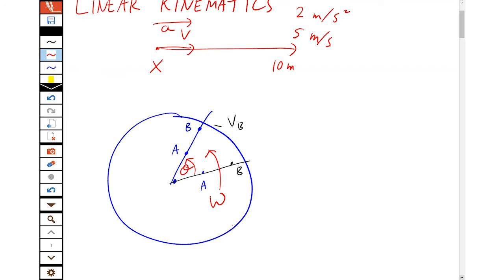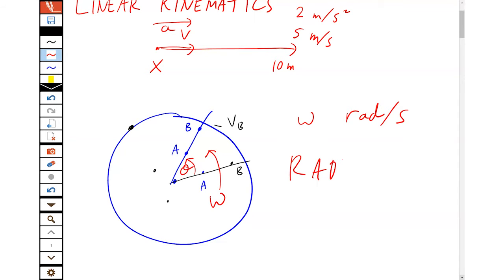And now, instead of having to work out all the separate linear speeds of A and B and any other point, now I know every point on this wheel, no matter what point I'm looking at, is all moving with the same angular velocity, which is measured in radians per second.